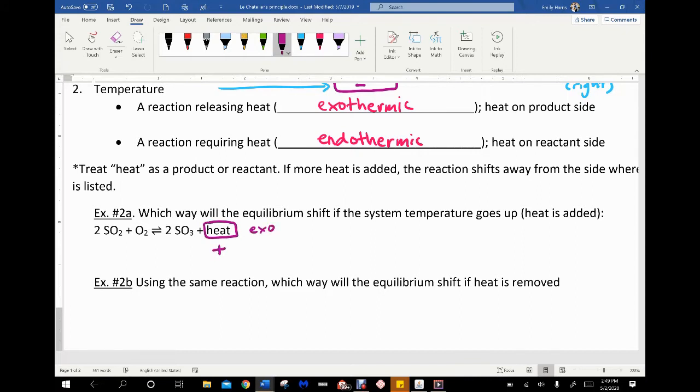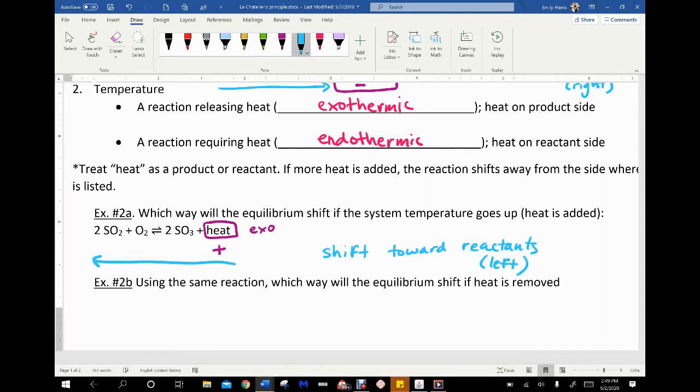If I'm adding something to the right side, I need to shift to the opposite side to use up that extra heat. Again, if you're adding, you go to the opposite side to use up the extra. So in this case, we'll be shifting toward the reactants, which are on the left side of our equation.